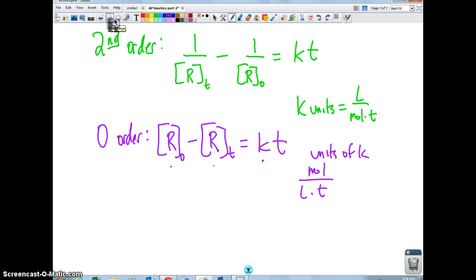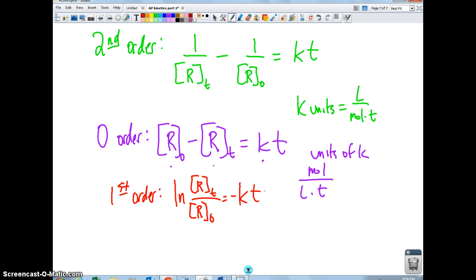So here's first order: the natural log of the concentration of R at time t divided by the concentration of R at time 0 equals negative kt. So there are our 3 different mathematical expressions. If we were to graph these, we are going to be looking for the one that gives us a straight line.